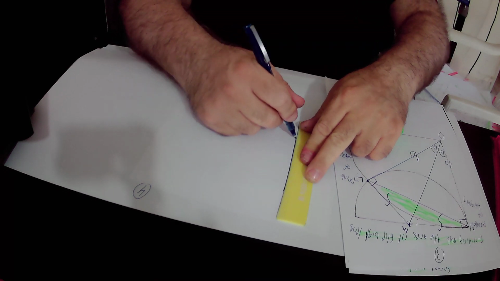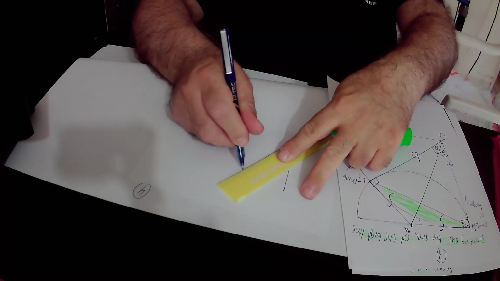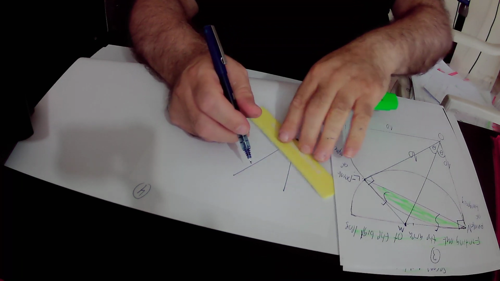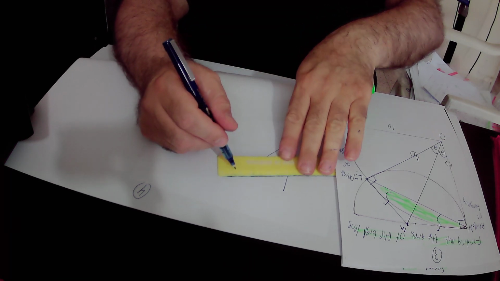It contains angle theta, of course. That is the reason that we choose the right triangle NMO.